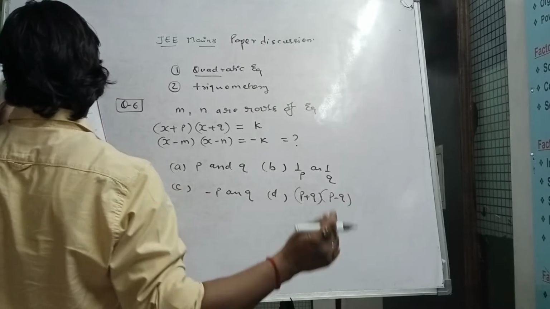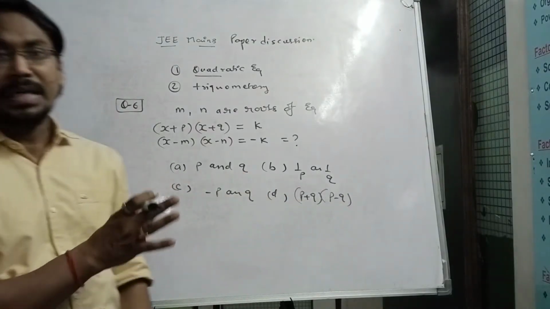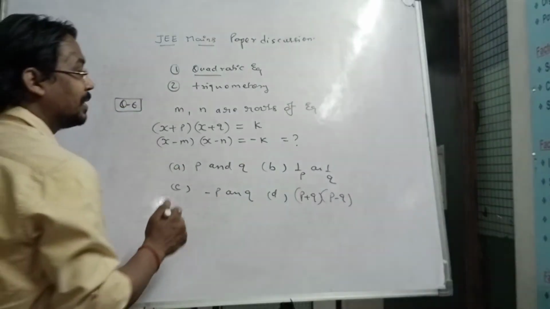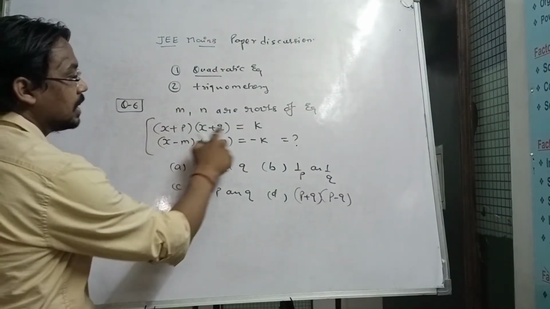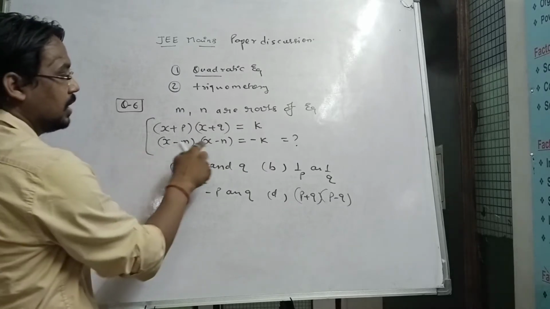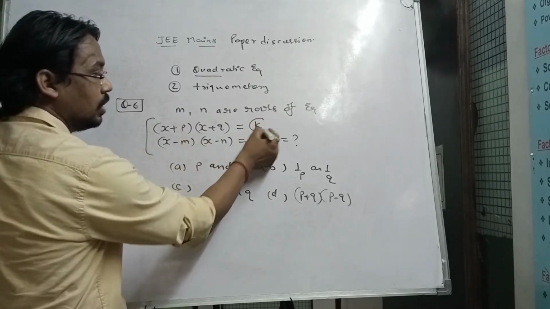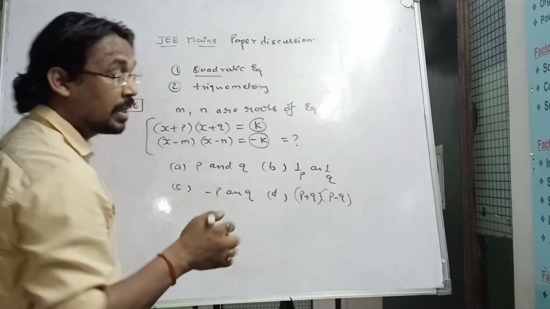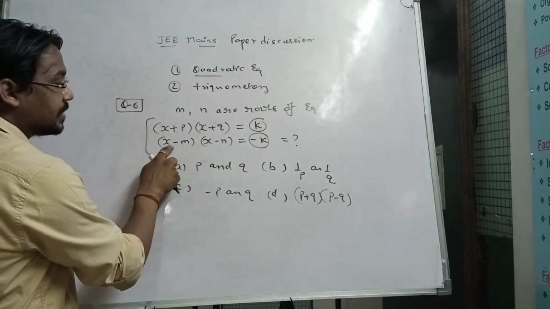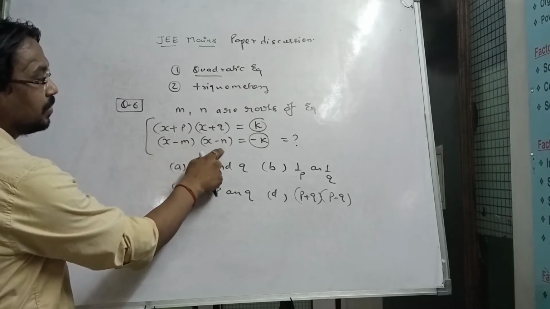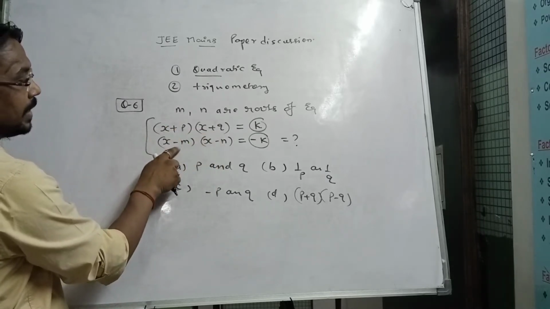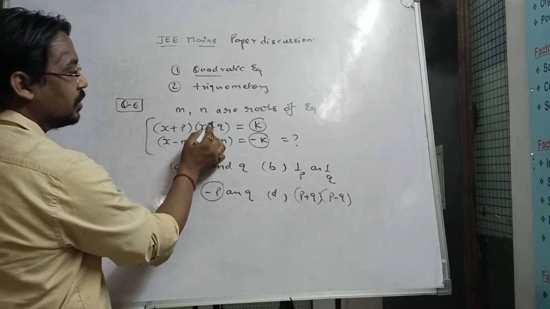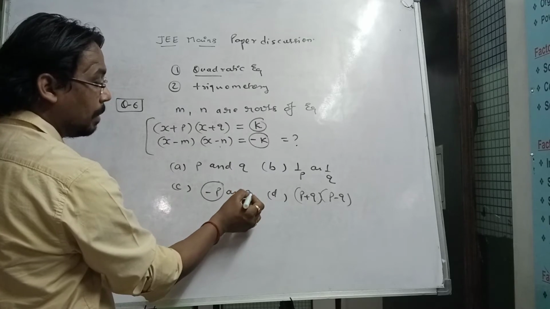To find the probable answer, you have to see that there is an upper equation and a lower equation. In these two equations, only the constants differ by a negative sign, and m and n are the roots of the second equation. Comparing, minus m is equal to p, so that will be minus p, and minus n compared with q will be minus q.